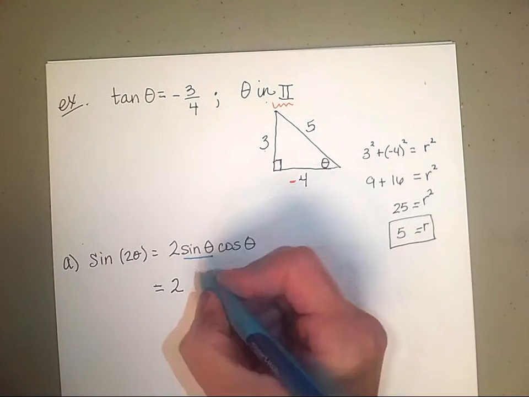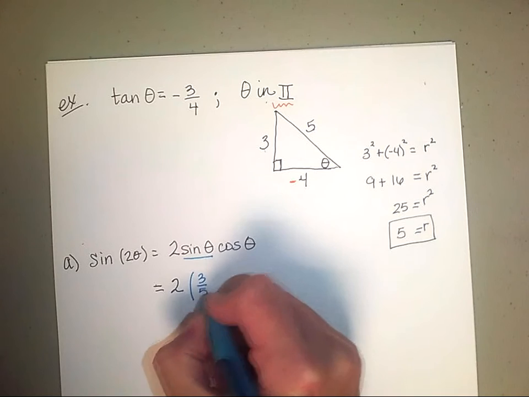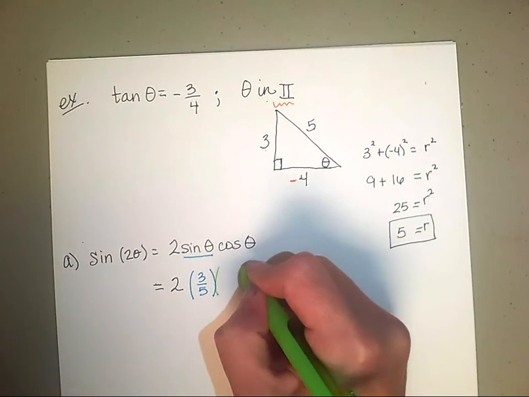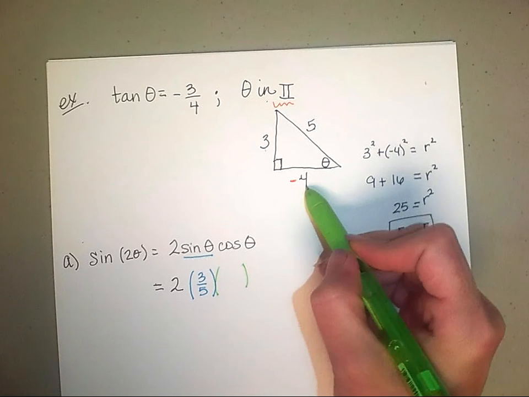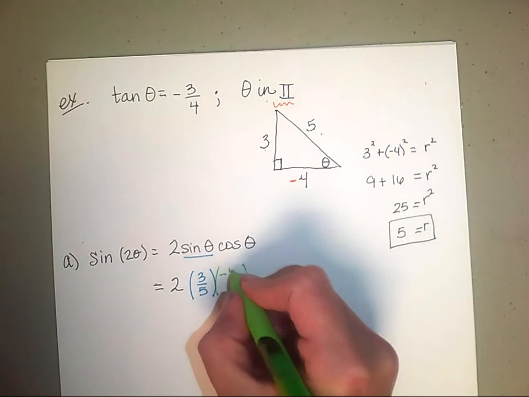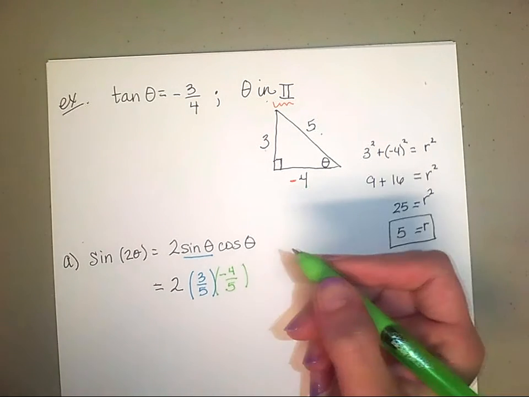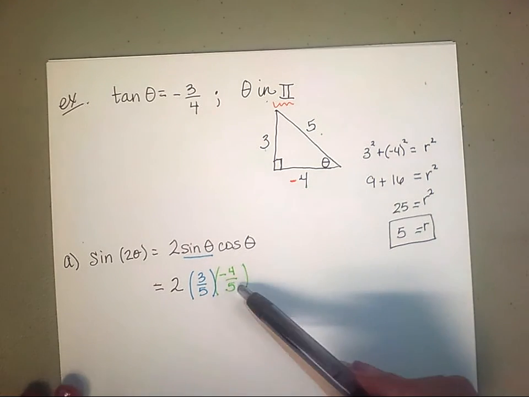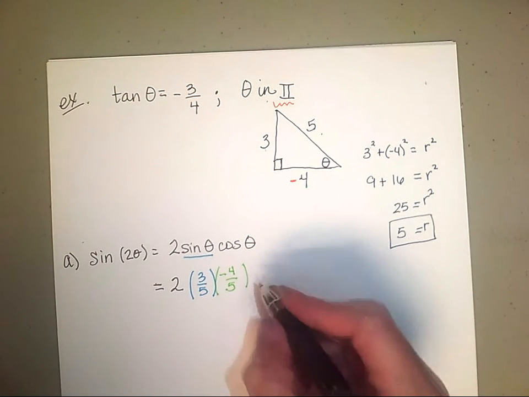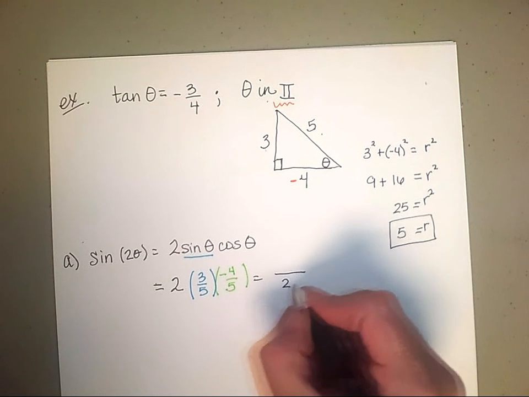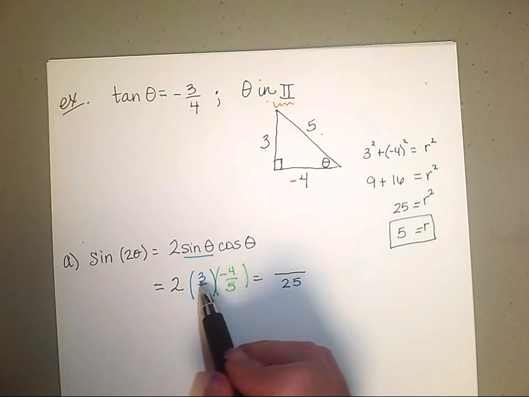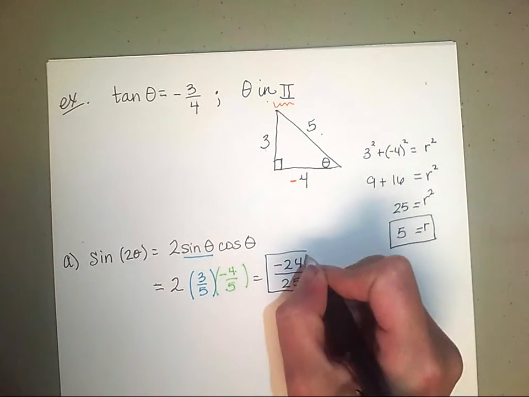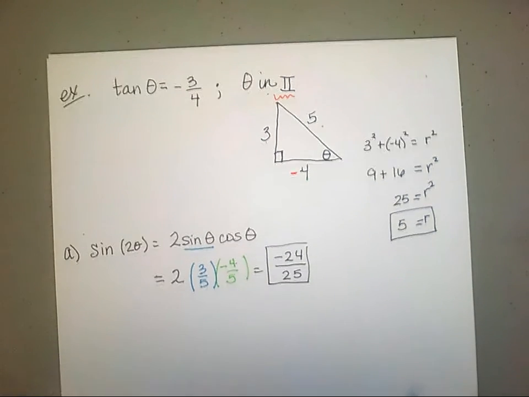The sine is the opposite over the hypotenuse. Times the cosine of theta, which we'll also read from here, which is the adjacent over the hypotenuse. And now we can multiply across. If there was any canceling, we would do it, but there isn't any. So our denominator is 25, and 2 times 3 is 6, times negative 4 is negative 24. That's negative 24 25ths.